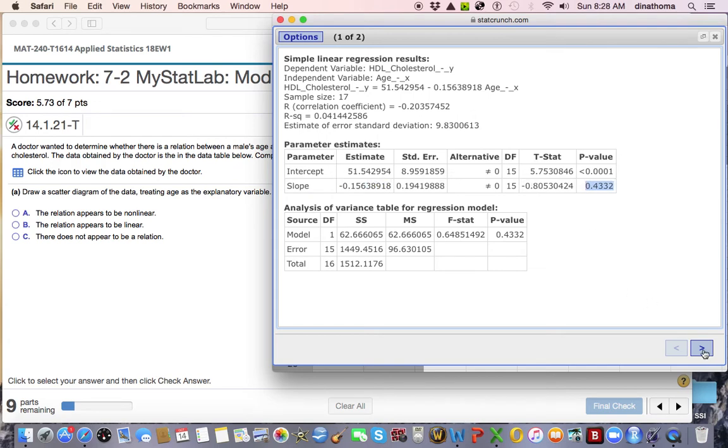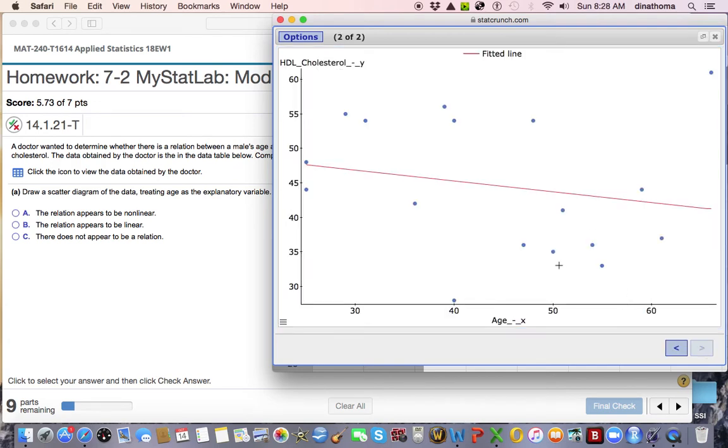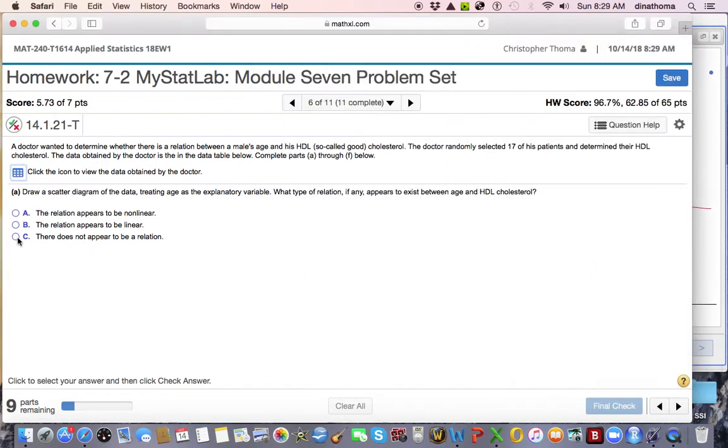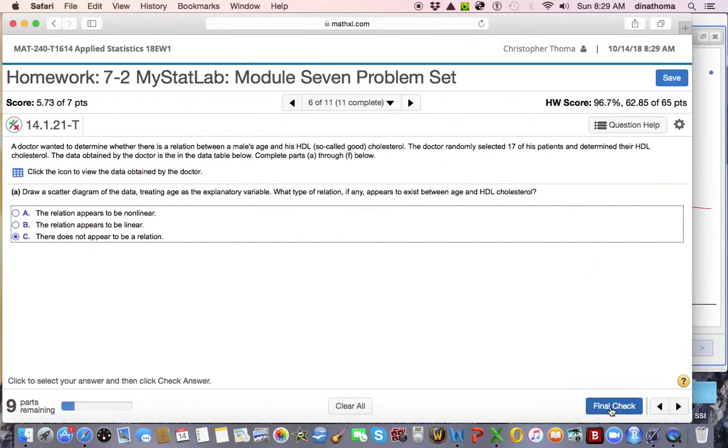So if we look at our scatter plot, we see that our line goes down, but our data points really don't. They seem to just be random. So there's not a linear relationship, and because I don't really see any pattern anywhere, I want to say there's no relationship here.